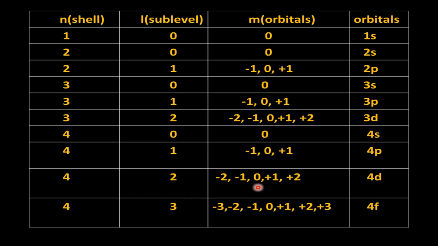The d has 5 orbitals, ranging from -2, -1, 0, +1, and +2, while the f has 7 orbitals, ranging from -3 to +3. The names of the orbitals for the fourth energy level are 4s, 4p, 4d, and 4f.